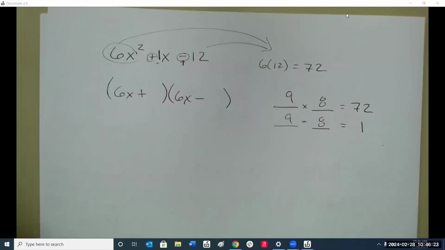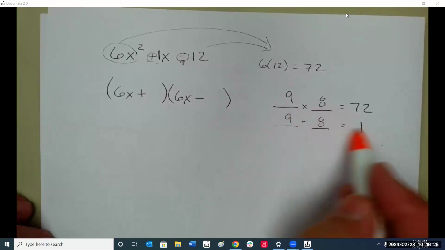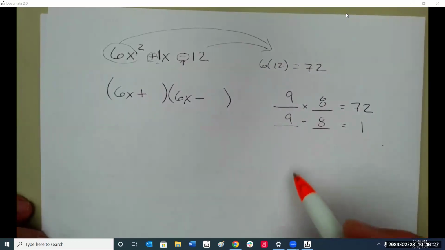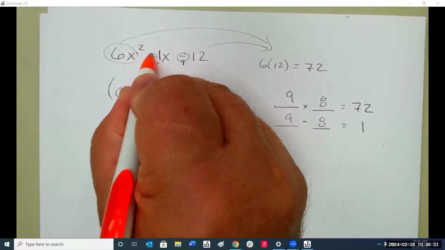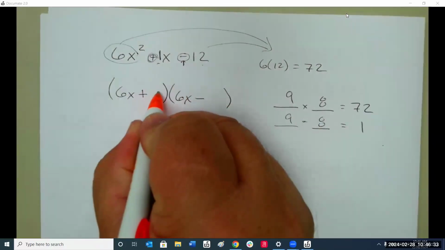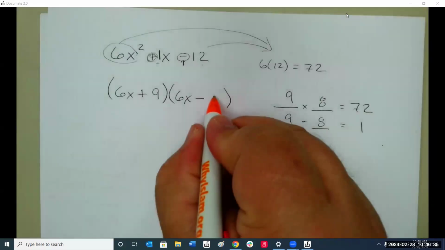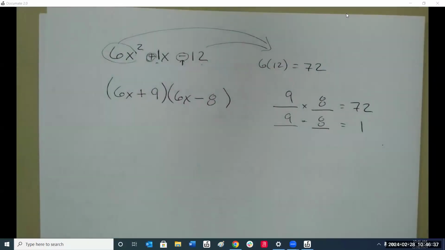The sign's not relevant because we're going to arrange them as we need to. So it's just the numbers. Since the first sign's plus, 9 goes with the plus and 8 goes with the second one, with the minus.